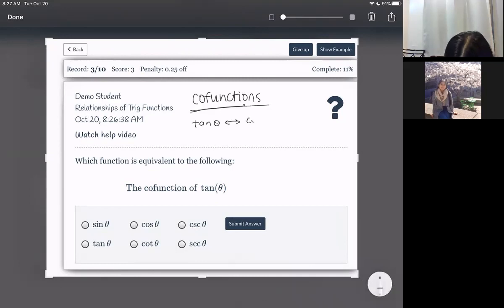I'll draw an arrow. So the cofunction of tangent is cotangent, and the cofunction of sine would be its reciprocal cosecant, because cosecant is 1 over sine. And then we have cosine. The cofunction of cosine would be secant, because secant is the reciprocal of cosine. Okay, so I'll give you guys like 5 seconds to write that down.